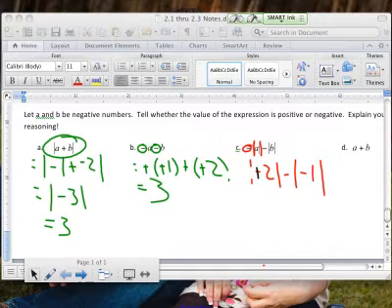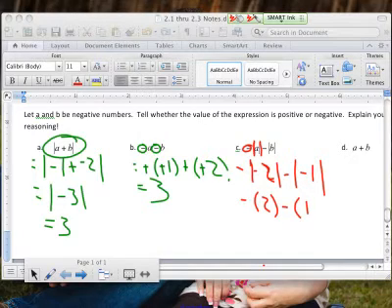Take the absolute value first and then apply that negative sign. So the absolute value of negative 2 is positive 2, so you have the opposite of 2 minus 1. Negative 2 minus 1 is negative 3. So this guy is going to be negative. Why? Because the negative signs are in front of the absolute values, so it will always make your expression negative.